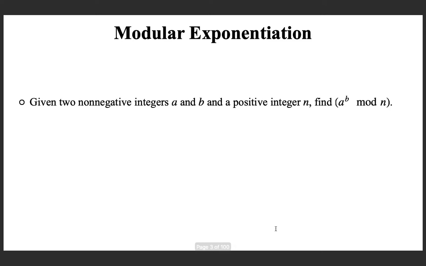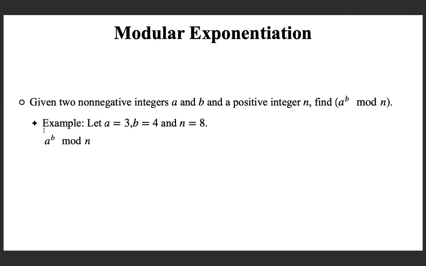What is modular exponentiation? As I said, given two non-negative integers a and b and a positive integer n, it is a process of finding a to the power b mod n. For example, given a as 3, b as 4, two non-negative integers, and n as 8.